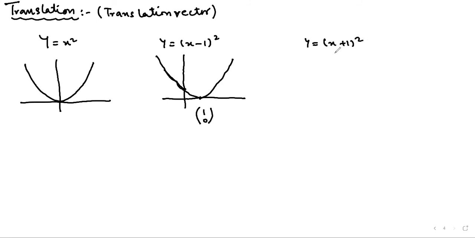Now consider this curve. What is the x-intercept of this one? X is equal to minus 1. Yes. And the y-intercept is 1. And there is only one x-intercept. The shape of the curve is this.